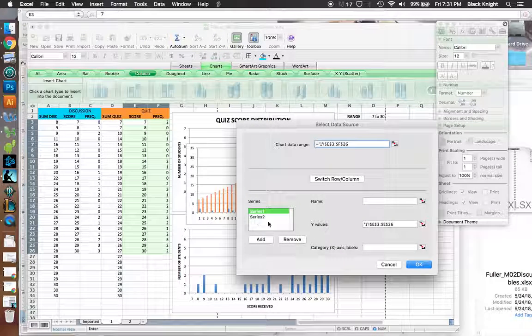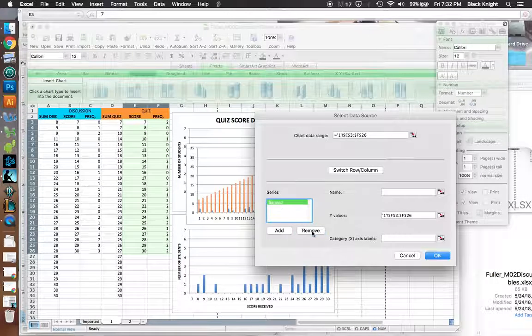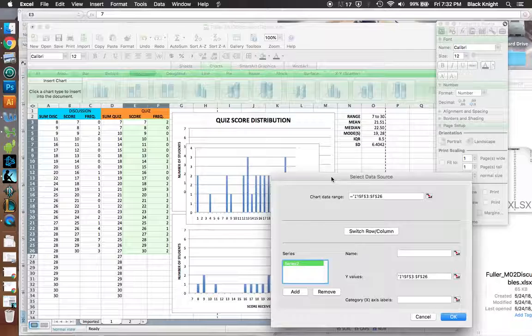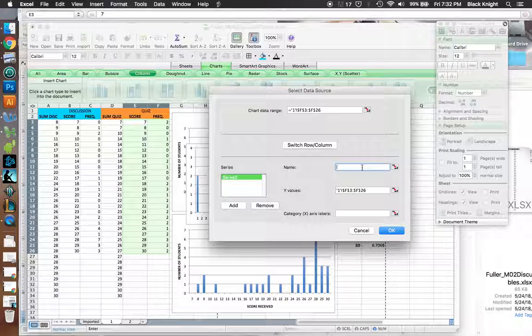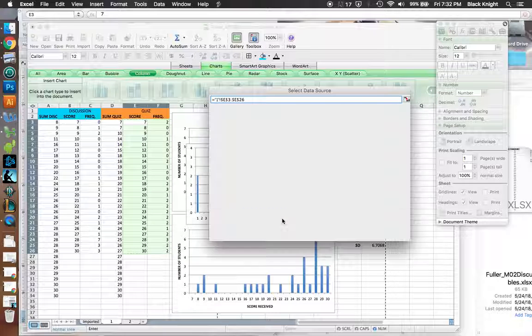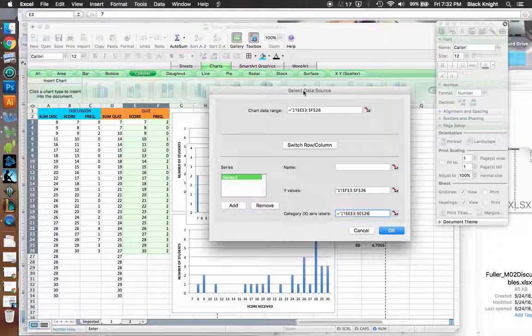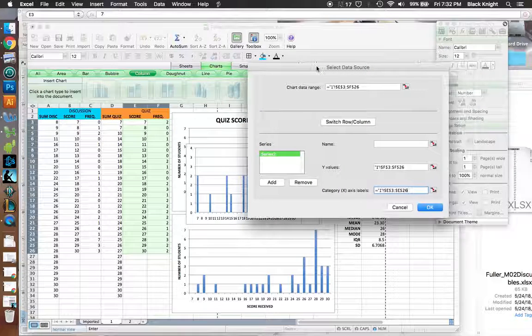And then it was the orange one. Yeah, we want to remove that, so it'll just take that out. It's basically what I did with the delete key. And then you go back in and you have to tell it the x-axis labels are the scores, so it's not just assigning numbers there. Once you do that, it resets and gives us the data range that we actually wanted.